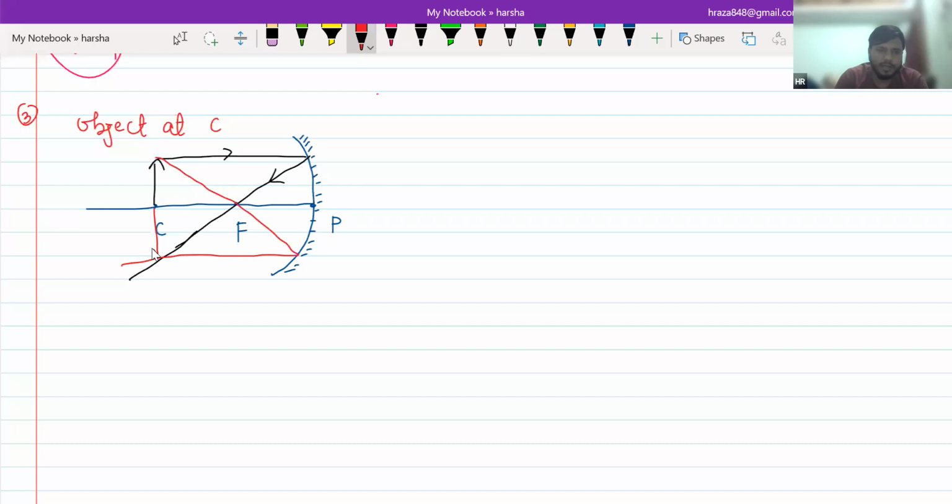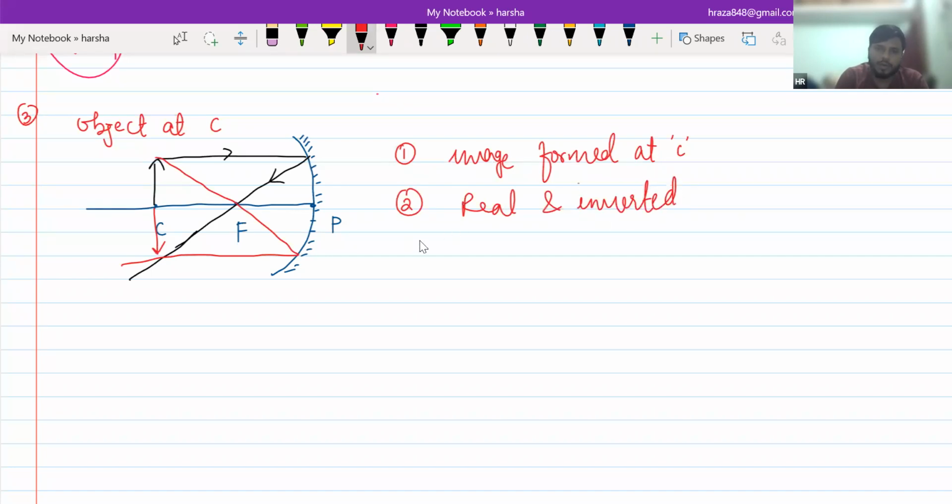Basically, whenever an object is placed at C, the image is formed at C. And you can see this is real and inverted. Also, the third point: the same size. Basically, object and image size are equal in this case.